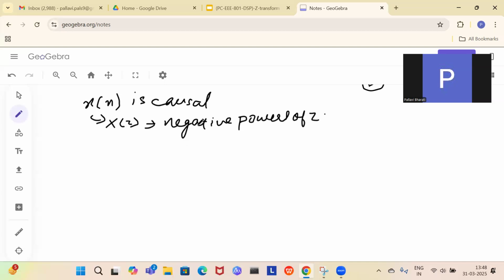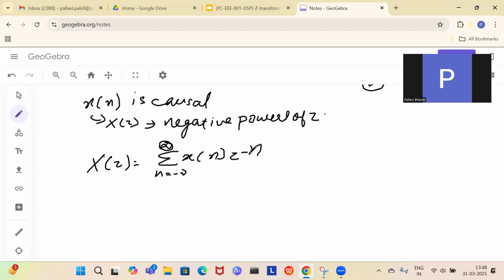And in case xn is anti-causal, in that case, you will have positive powers of z. Because when you write the formula, X of z is equal to the sum from n equals minus infinity to infinity of xn z to the power minus n. Now, if I am taking the anti-causal case, then I will go from minus infinity to 0.